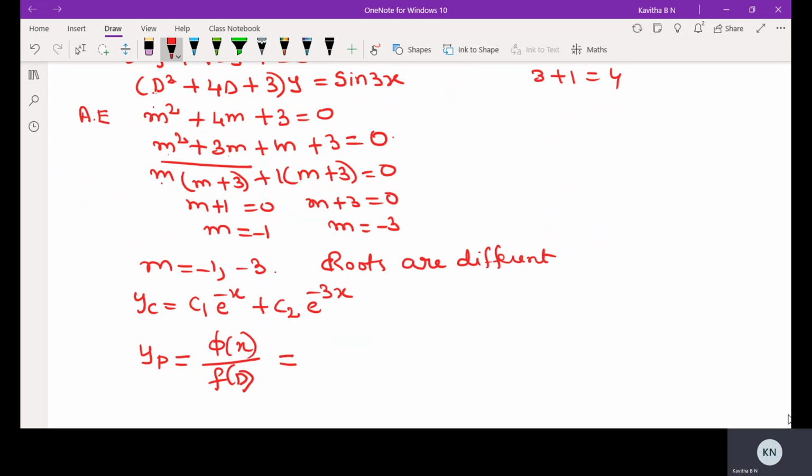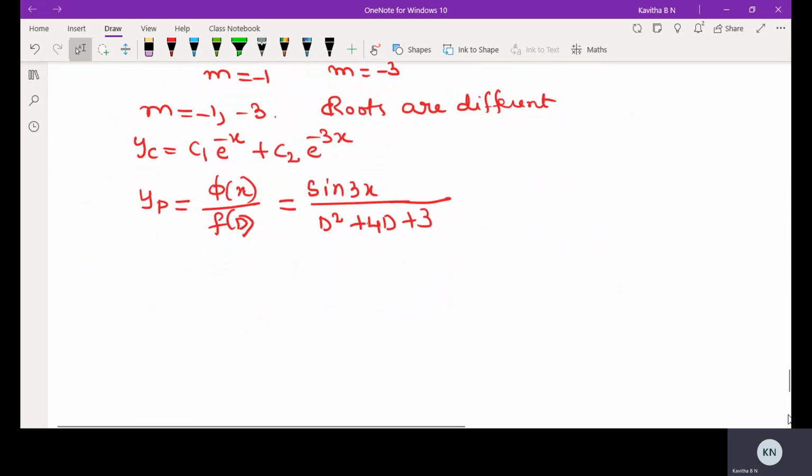According to this problem, φ(x) is sin 3x, whole divided by D² + 4D + 3.